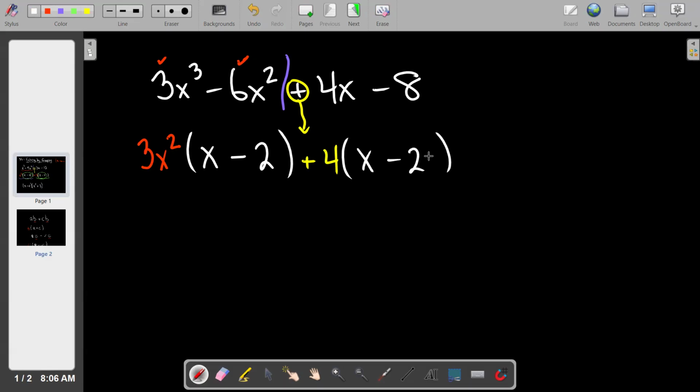X minus 2. The question invariably that any normal student at this point might start to ask is, when I get here, can't I just make this green one look like the other one? And the answer is no. If a polynomial was not meant to be factored by grouping, then this won't work. Okay?